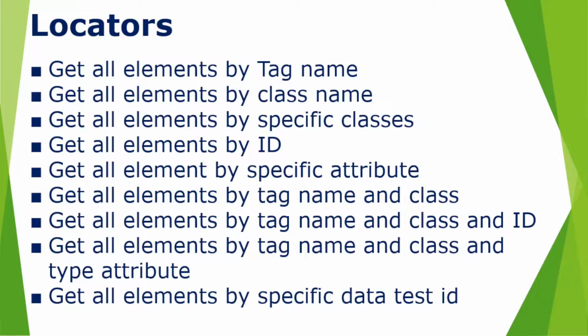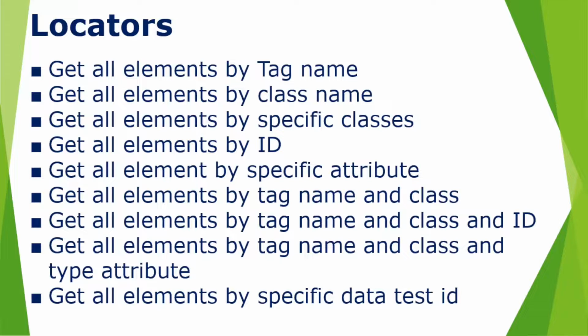I'm going to teach you how we can get all the elements from the application by tag name, then by class name, and also by specific classes, and then how we can get all the elements by id and by a specific attribute.